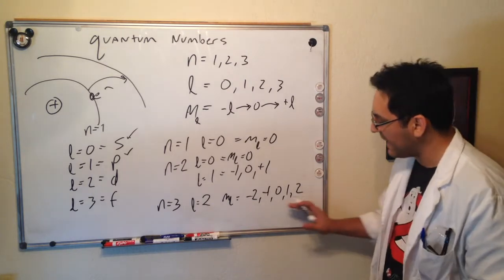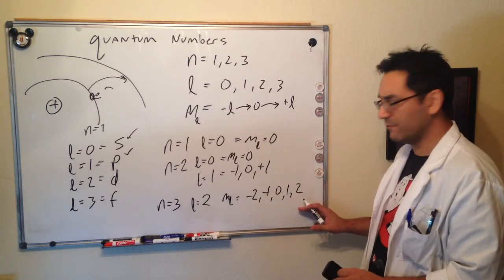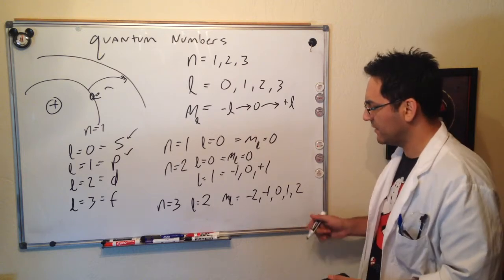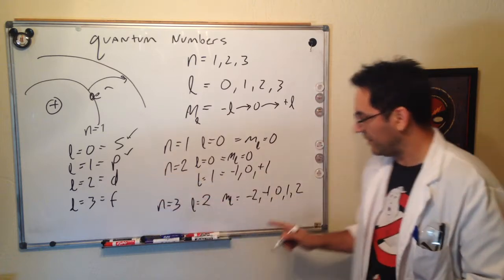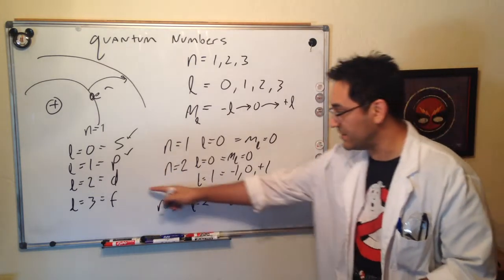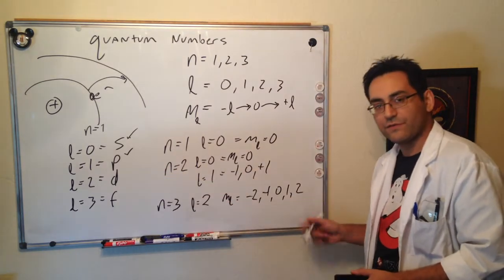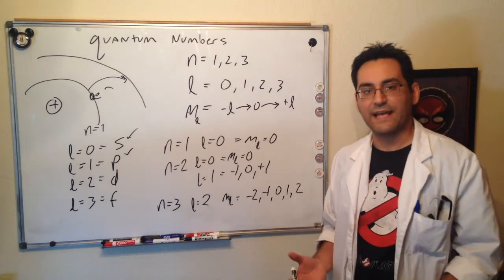And we end up getting 5 orbitals, 5 subshells, I should say, that are all the same energy. And there's the d shell, right? L equals 2 is the d shell. 5 orbitals, they all hold 2 electrons, that's 10.